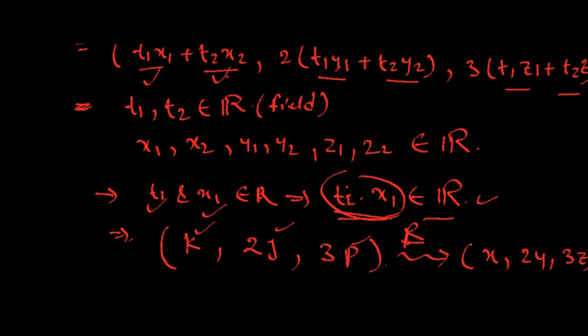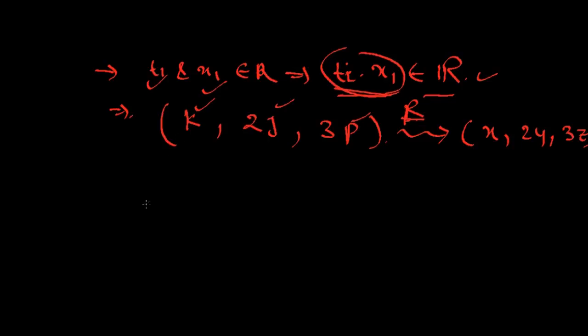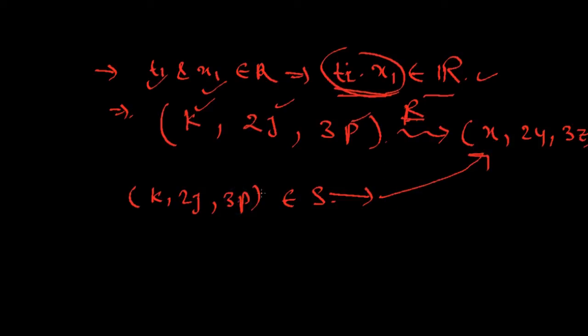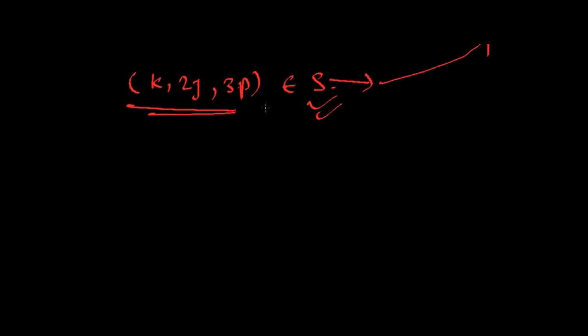So we can say that this k, 2j, 3p will be there in S, because S contains the numbers of this format, and this number is itself in this format. So we can say that this element is there in our subset S. So if it is there in subset S, then the one step test is satisfied. So it means that S is a subspace of V.